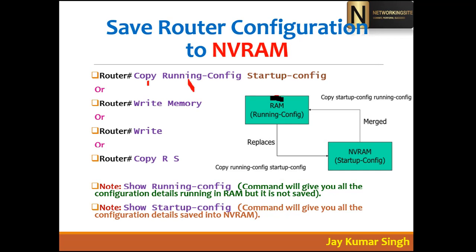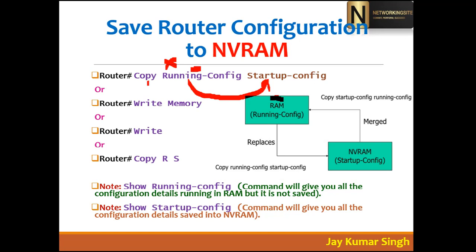So you have to move it from RAM to your NVRAM. Why? Because if you do not save anything and your router restarts, everything will be wiped out. So you have to save the configuration to NVRAM. This is the command for saving your configuration from RAM to NVRAM: copy running-config startup-config.